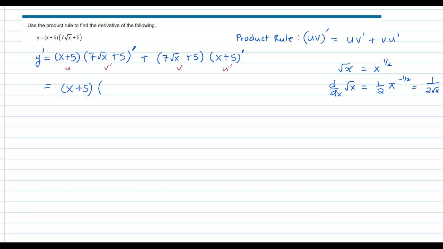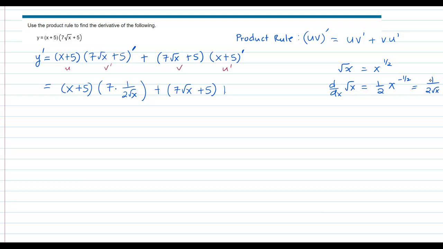Okay, so the derivative here is that you copy 7, and the derivative of square root of x is just 1/2 square root of x. And then the derivative of 5 is 0. And next you copy plus 7 square root of x plus 5, and then you differentiate x plus 5, and that's just equal to 1.